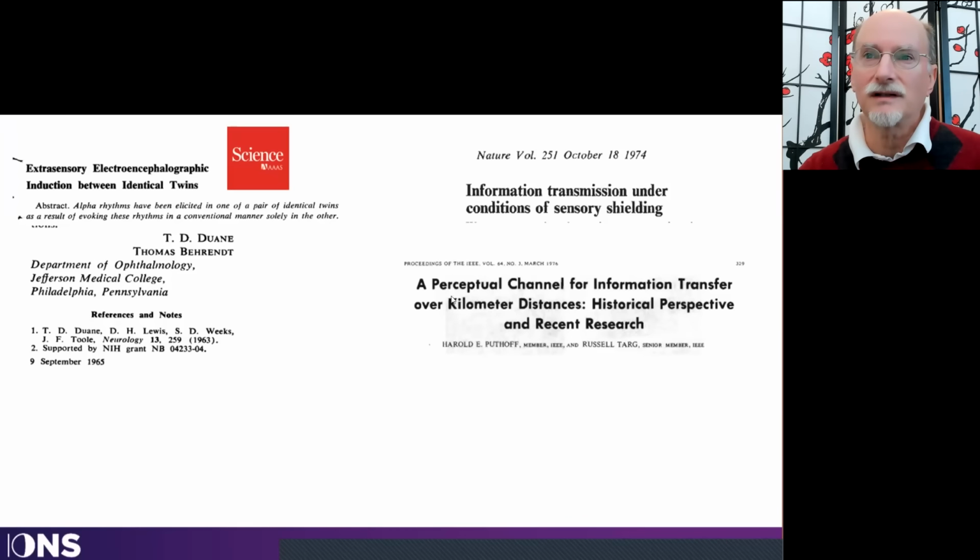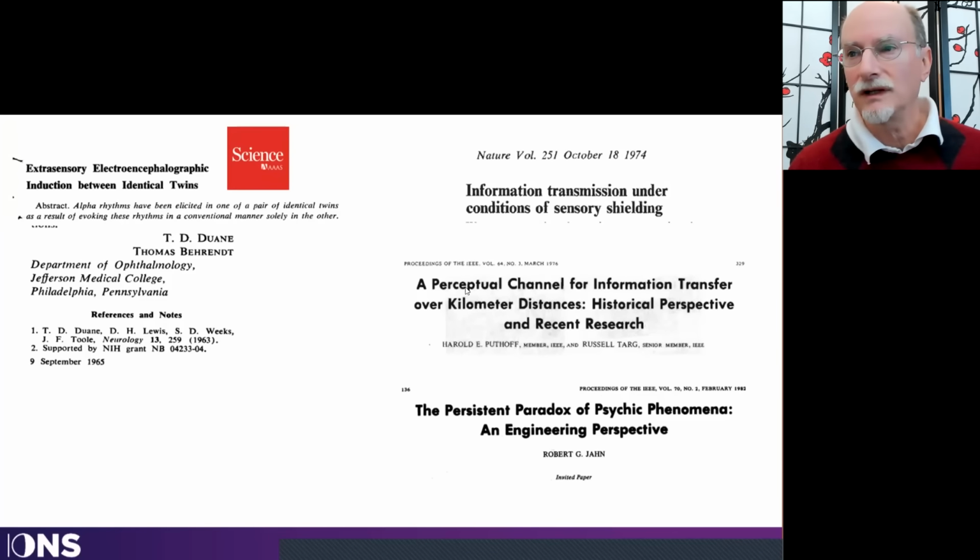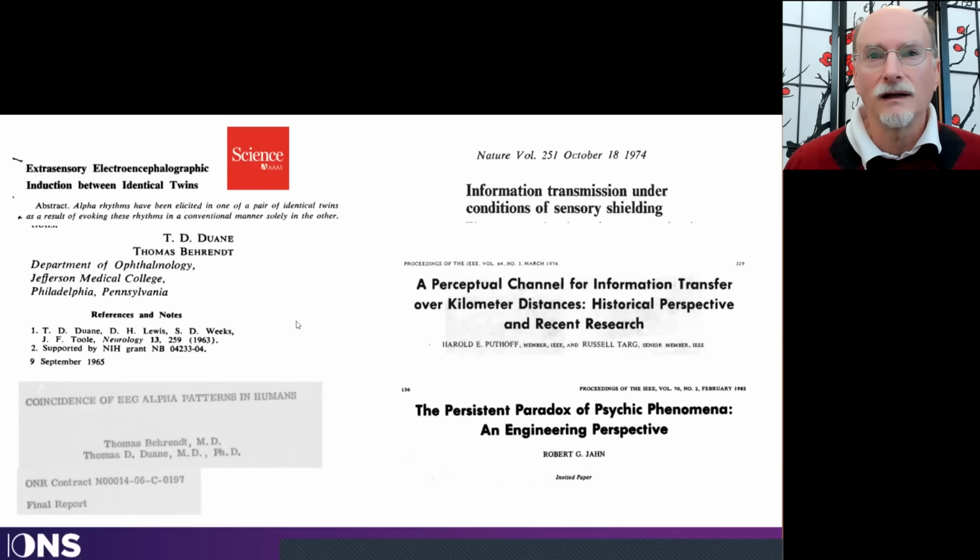In 76, a major article in Proceedings of the IEEE, which in the engineering world is the top journal. And then in 82, yet another article in the Proceedings of the IEEE. And so this is pretty much among Science and Nature and Proceedings of the IEEE, which are the top tier journals. You don't generally find these kinds of studies anymore in these journals.